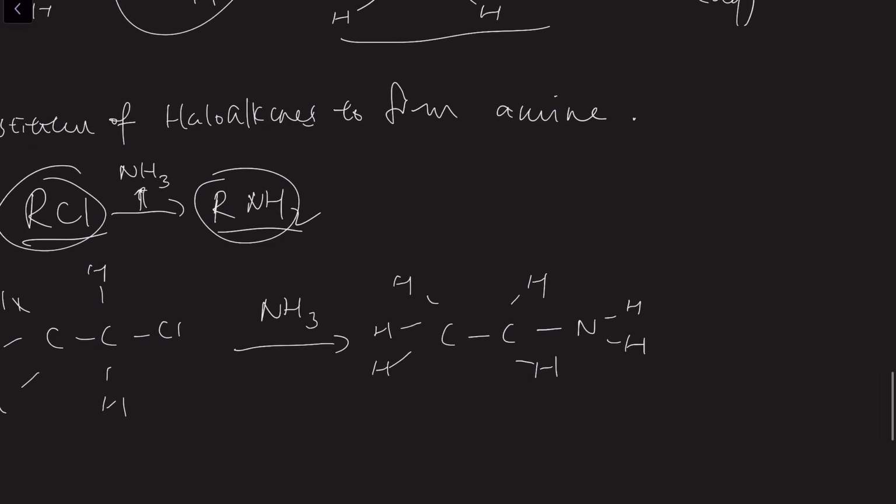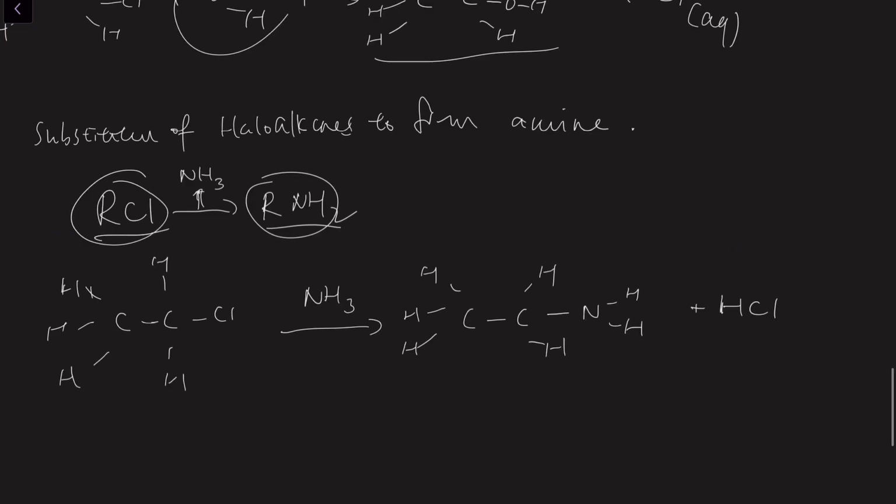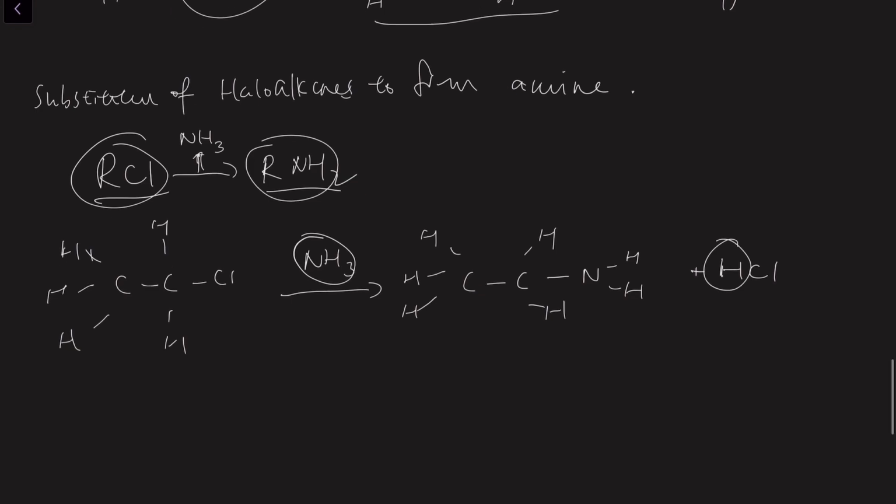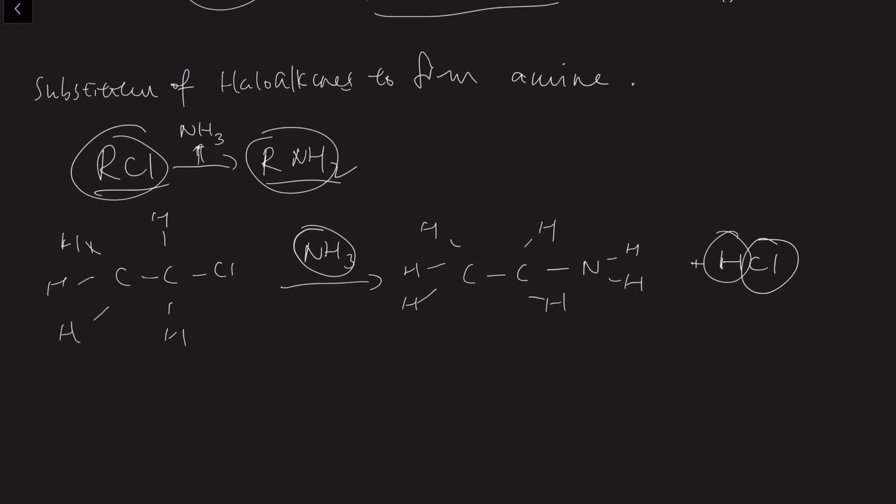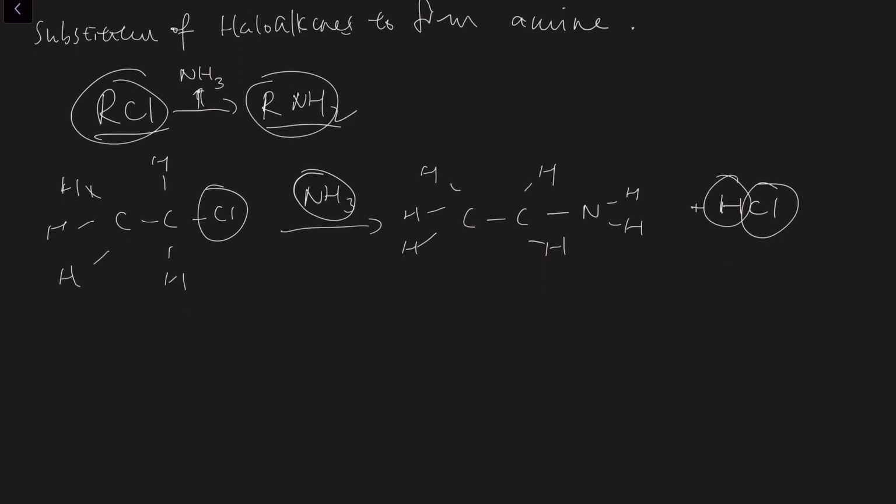And again, we have HCl as the remaining product. So the H comes from one of the hydrogen atoms left over on the ammonia. The chlorine atom is the one that has been replaced out or substituted out from the haloalkanes.